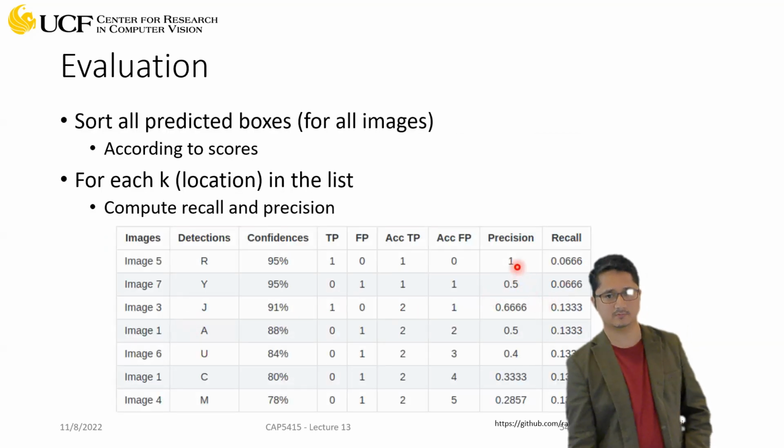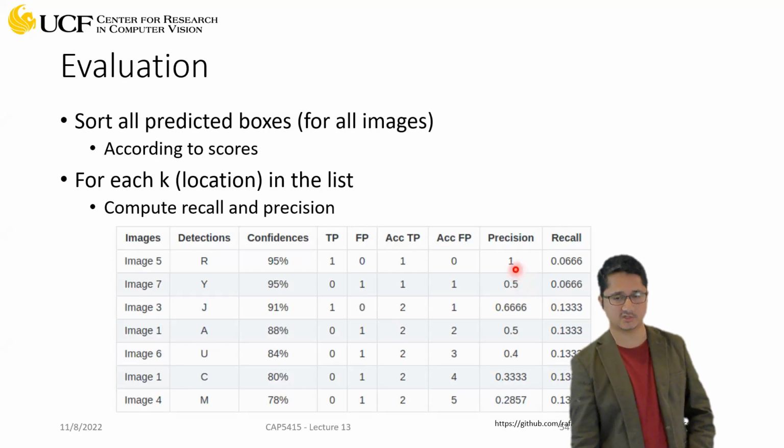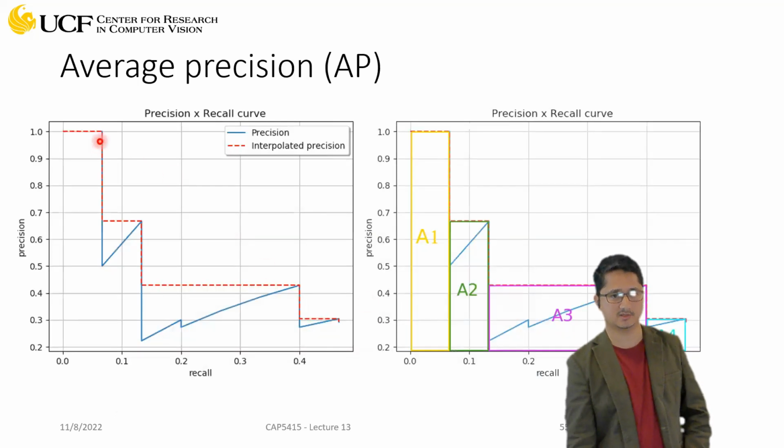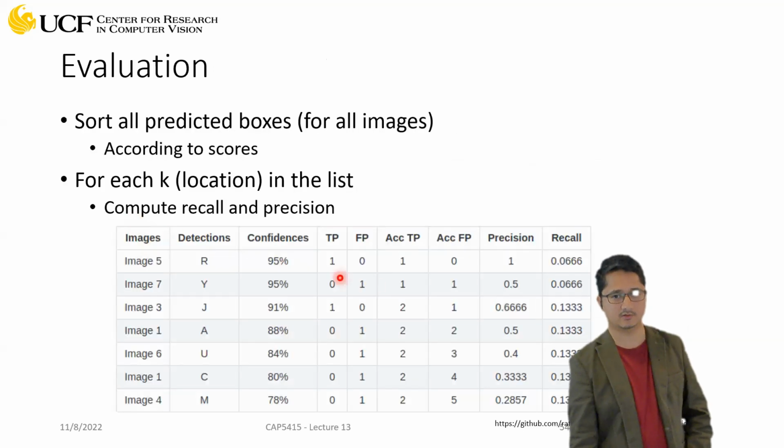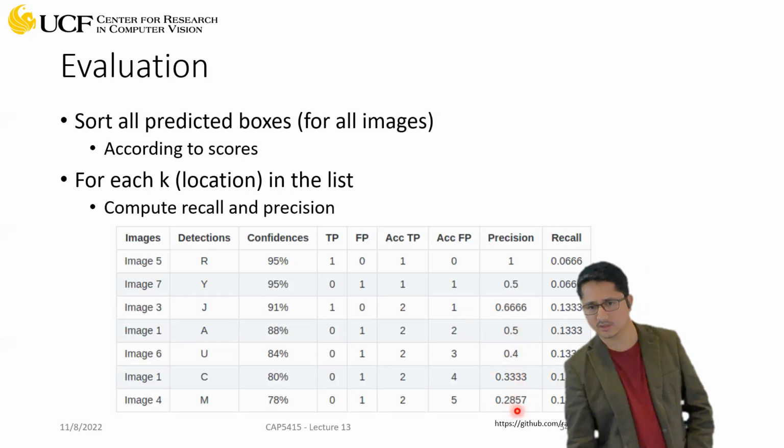So your precision was 1.5. So the precision is actually fluctuating, depending upon what kind of prediction you have. It was starting at 1, it went to 0.5, but again it increased to 0.66, and that's why there is this dip here. So this is 1, this is 0.5, and this is 0.6. And then it's again going back to 0.5, then 0.4, 0.3.